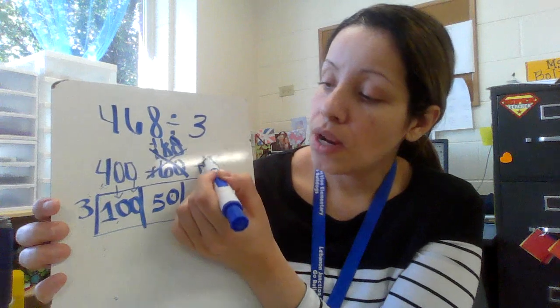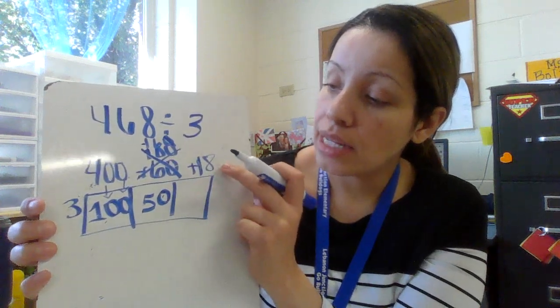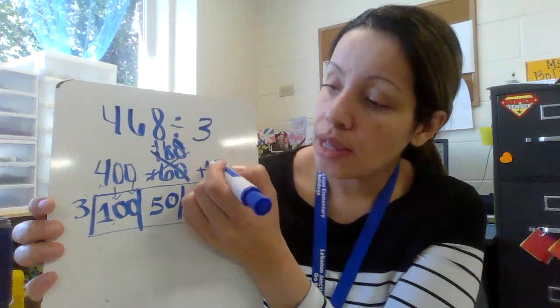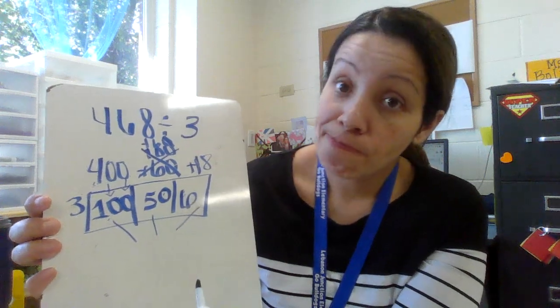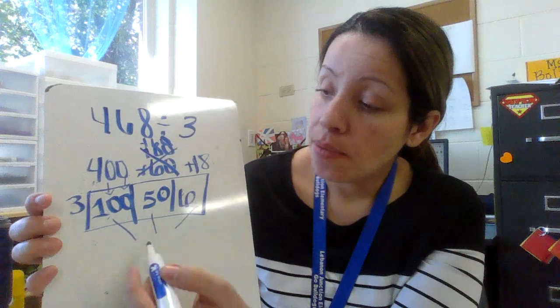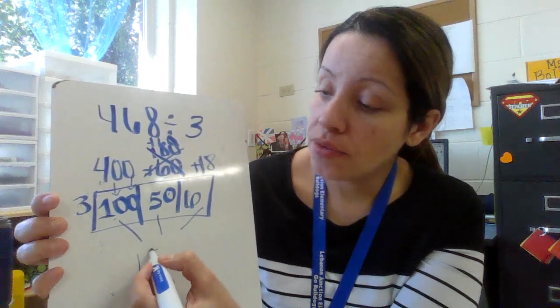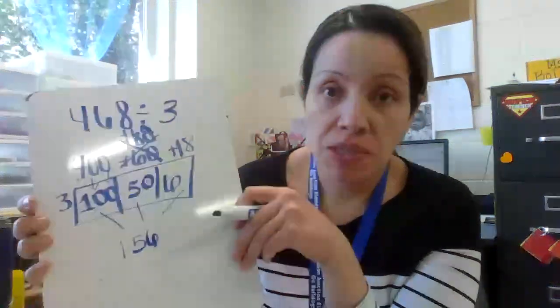And that 1 can go right in front of the 8. Then that becomes 18. And it goes 6 times. And all I have to do now is add these up. So I can add these up and I will have 156. Same thing.